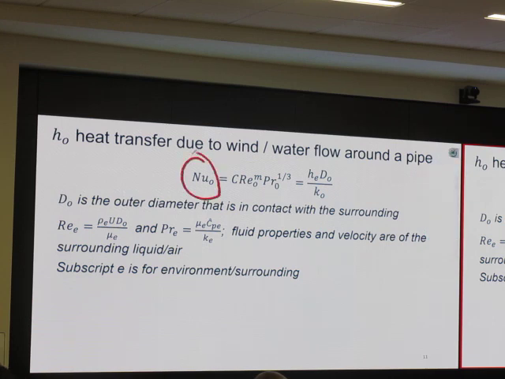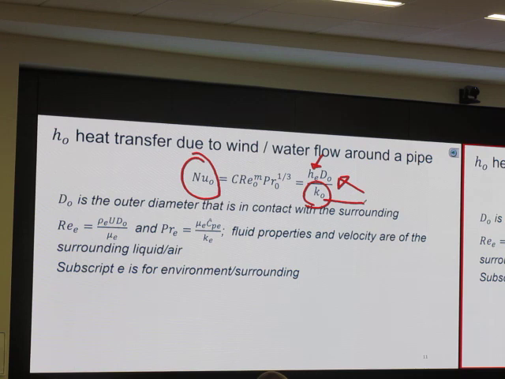The Nusselt number outside is the heat transfer coefficient of the environment multiplied by D sub O, the outer pipe diameter, or the most outer layer diameter, divided by the thermal conductivity of what? Of the fluid that is flowing outside. If we have the pipe in the air, that K will be the thermal conductivity of air, not the thermal conductivity of the pipe.